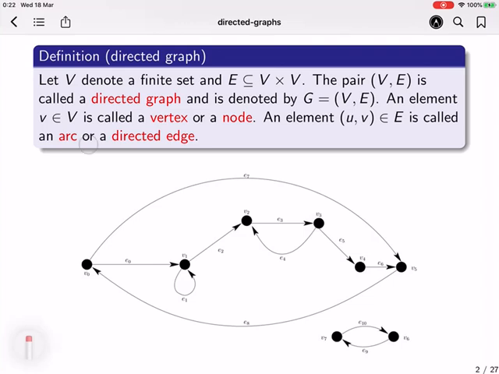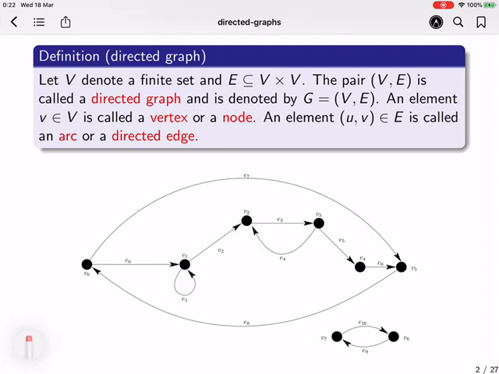The arcs, or the directed edges, are denoted by arrows, segments with arrows. E0 is the pair V0, V1. The arrow points to the second element of the pair. E1 is the pair V1, V1. This is a very strange pair in which both endpoints of the arc are the same. They are V1, V1.